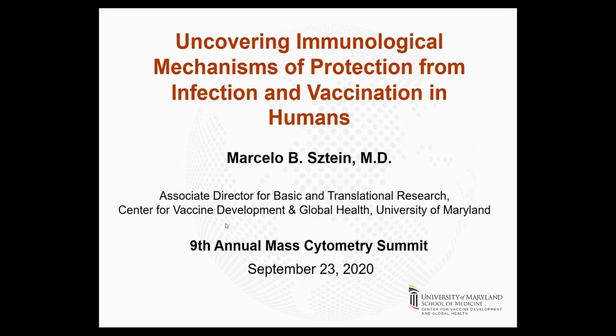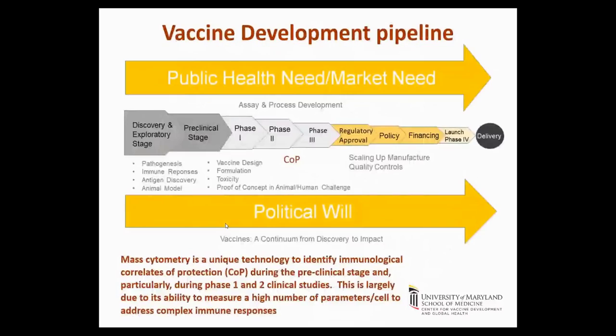I would like to say at the outset that this is a slide presentation that will be covering the mechanisms of protection from infection and vaccination in humans, and the use of mass cytometry that can accelerate the development of vaccines and the understanding of the mechanisms of infection in humans.